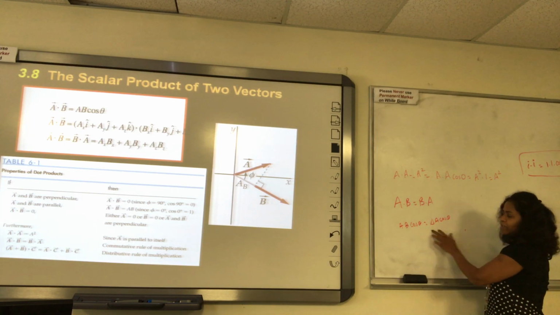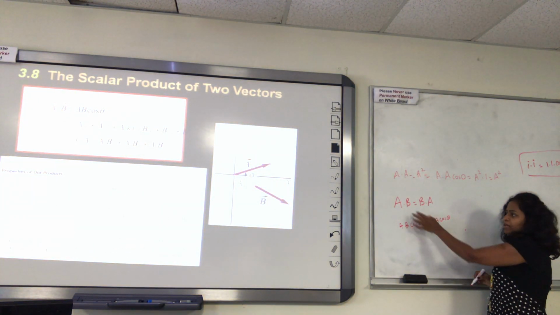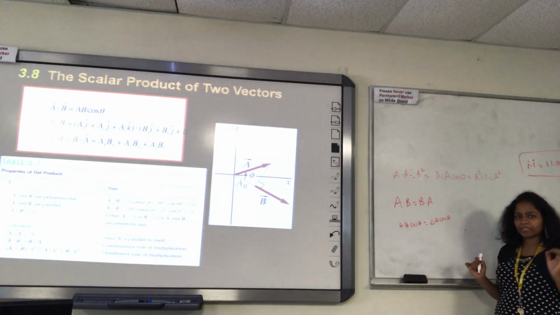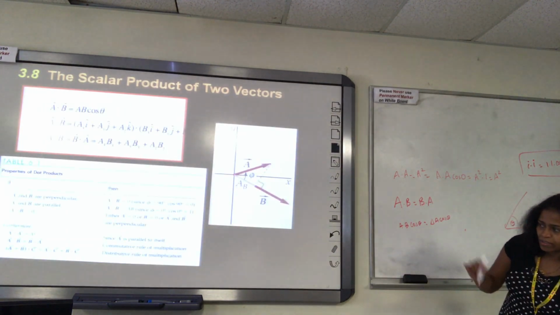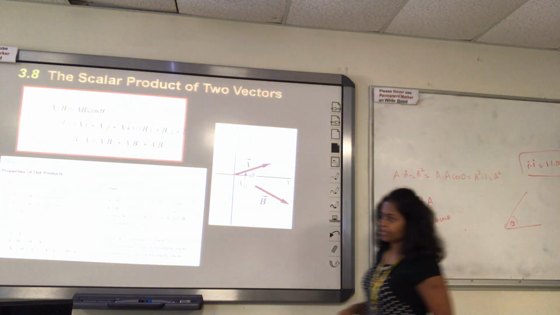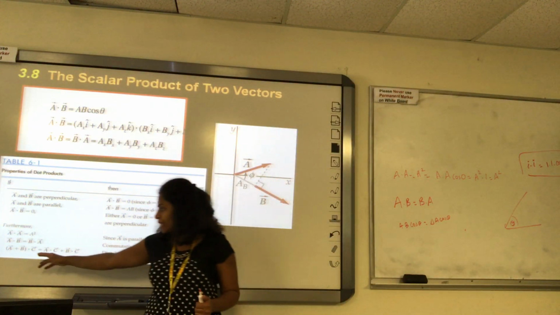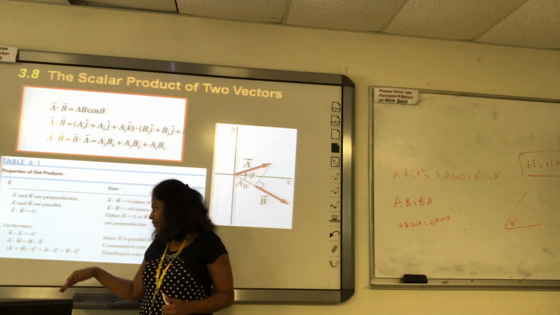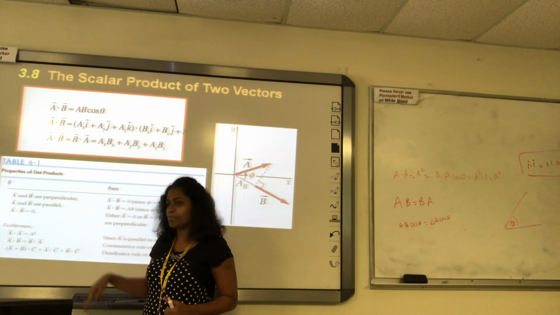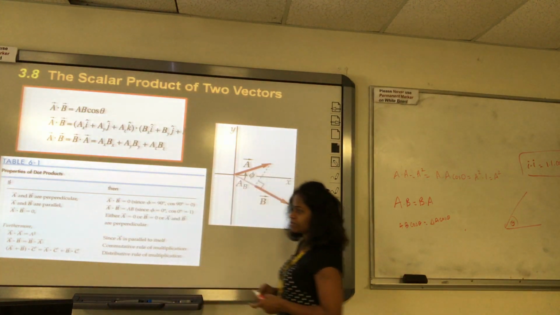So it's the same thing, right? AB cosine or BA cosine. That's why A dot B is the same as B dot A. And if you add A plus B and take the dot product with C, it is exactly the same as taking the dot product of A and C and then adding it to B and C. You still get the same answer.